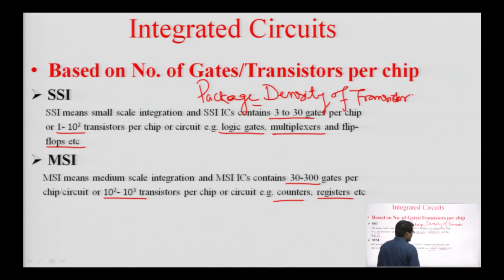Okay. An example of MSI is counter, register. So, first we study logic gate, multiplexer and flip flop, and when logic gate, multiplexer and flip flop are combined, they give the counter and register.